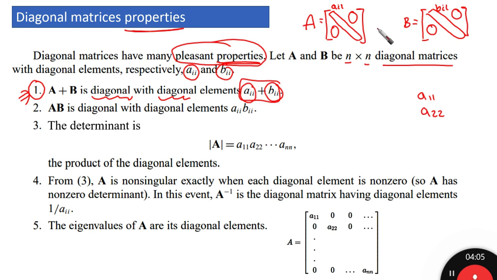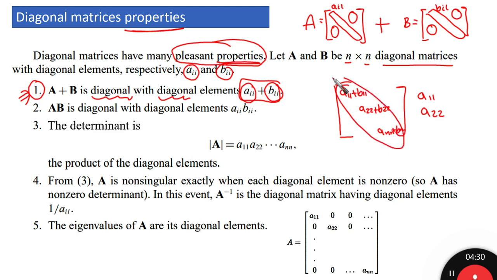Whenever we add them up, we end with a matrix with a11 plus b11, a22 plus b22, and ann plus bnn, and so on. So this is a diagonal matrix as well.